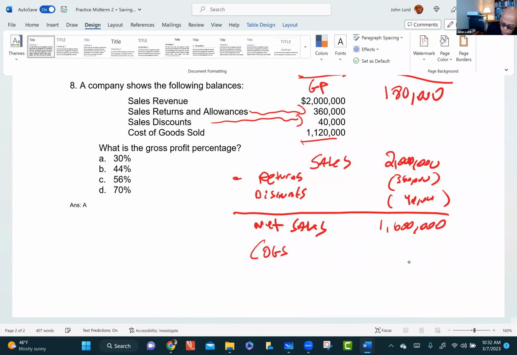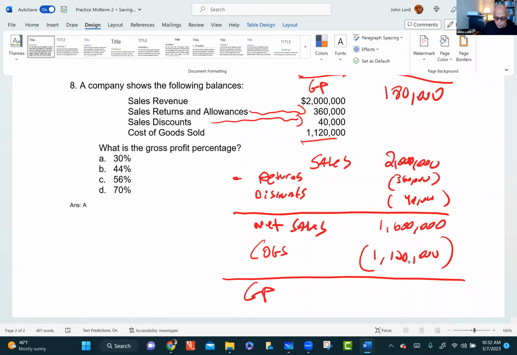Cost of goods sold is 1,120,000. That gives me gross profit here. 1,600,000 minus 1,120,000 gives me 480,000 gross profit.